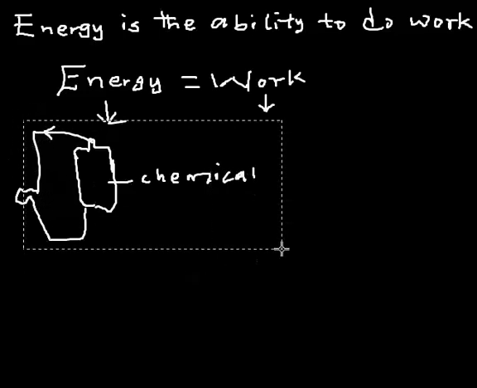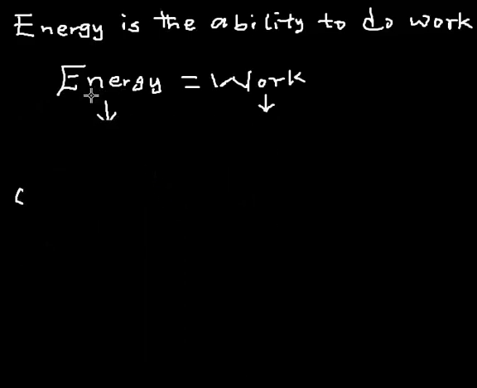So work and energy are the same. The only difference is that energy is stored, and when that stored energy is expended, it leads to the doing of work. That is why both work and energy share the same SI unit, which of course is joule.